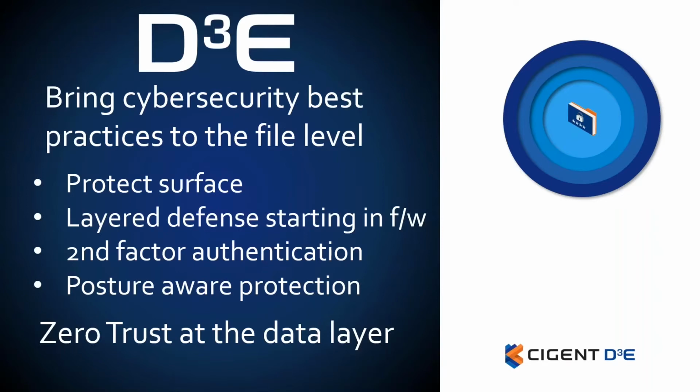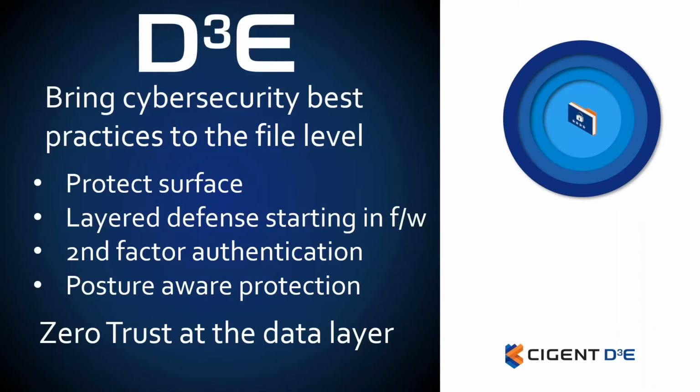But this layered defense goes all the way down to the firmware level. So Cigent provides solutions that are both software and firmware based, which I'll explain a little more in a second. What is unique to this approach is that we are employing the best practice of a second factor of authentication in a way that's really not been done before, and it's also posture aware protection.